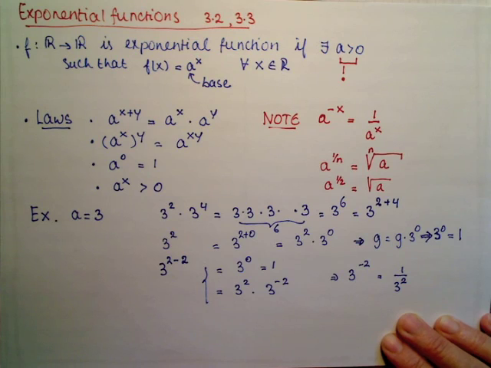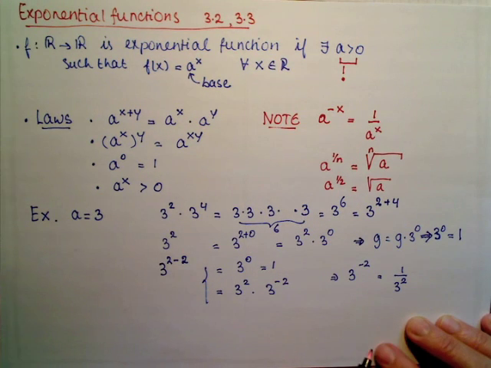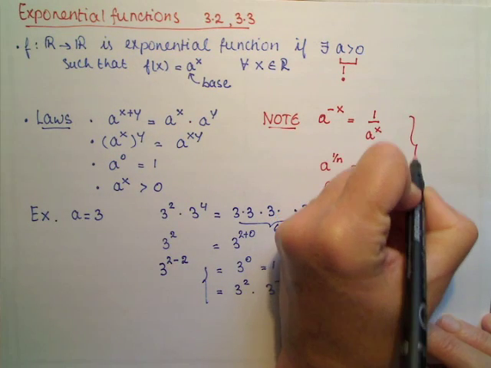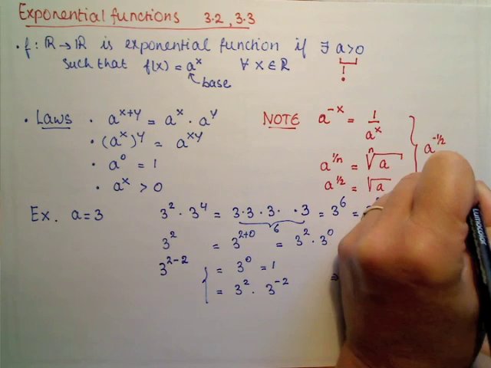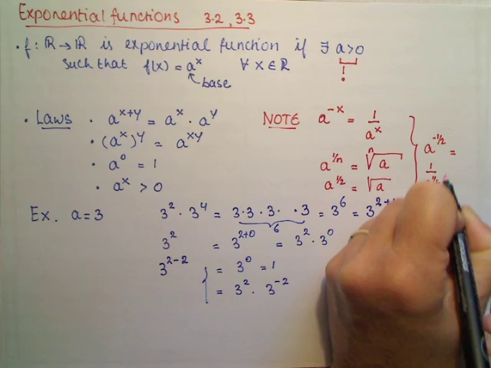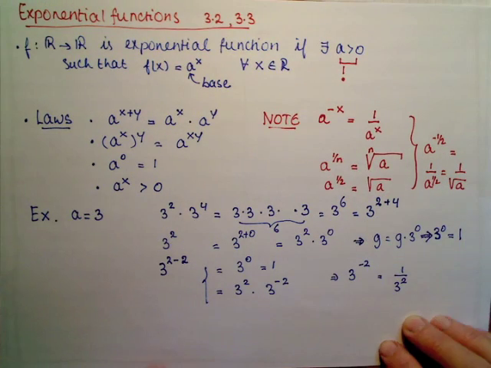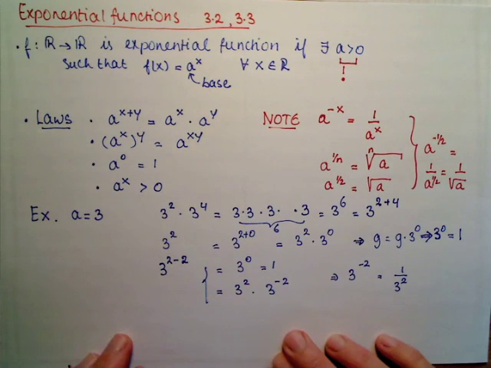As a combination of these two, something which many students also tend to forget is that a to the power minus 1/2 is 1 over a to the power 1/2. So it's 1 over the square root of a. These calculations follow directly from the laws of multiplication, but they are sometimes difficult to remember.